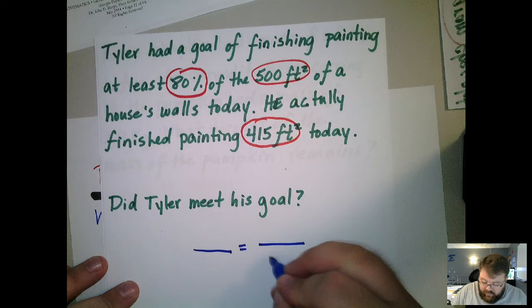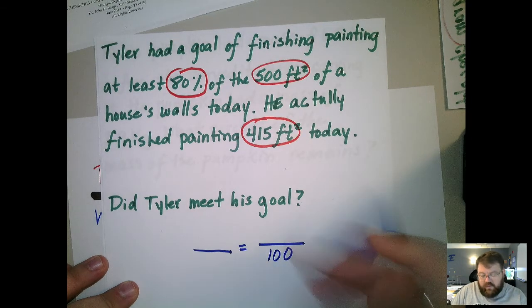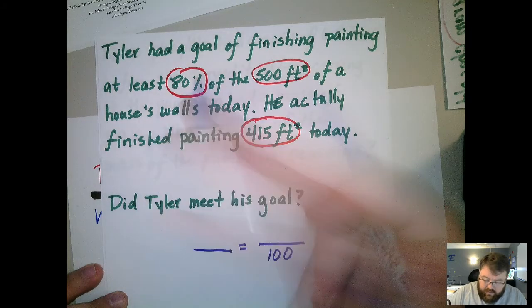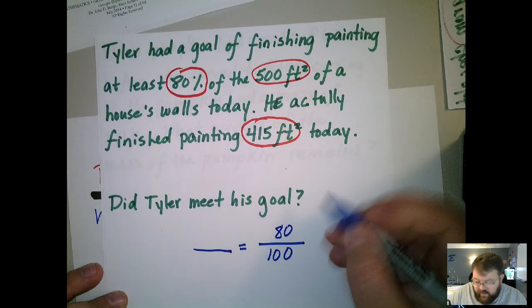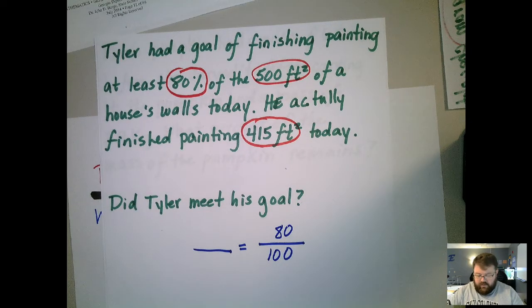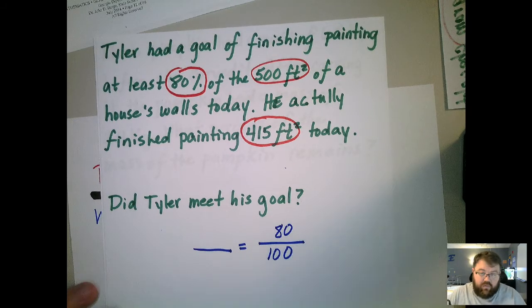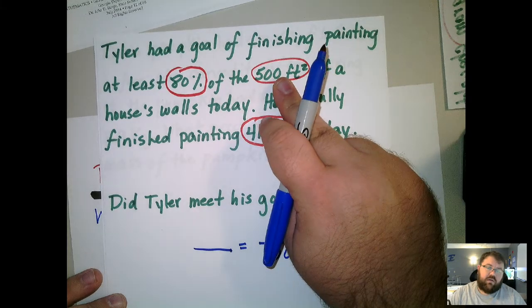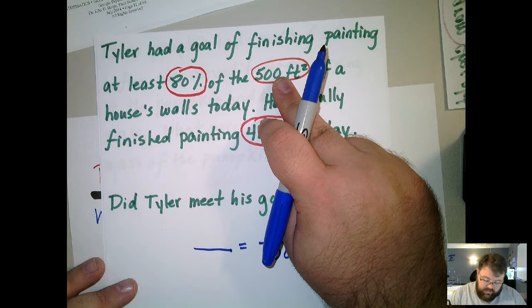Okay, so I'm going to go ahead and put in my 100. Do I have a percent? I do. So I have 80%. This one you could have done differently than what I'm going to do. But for me, the 500 is how much the house is, 500 square feet.